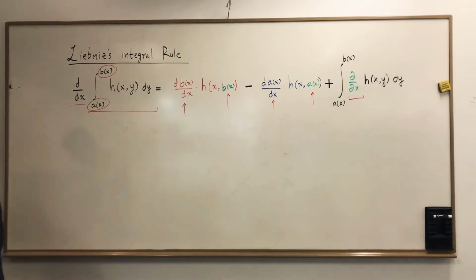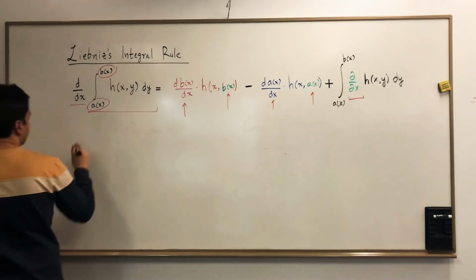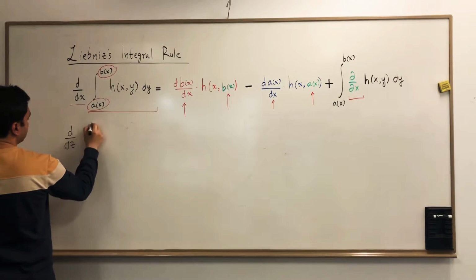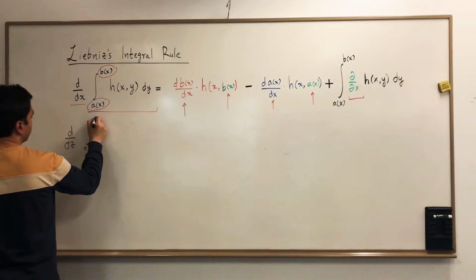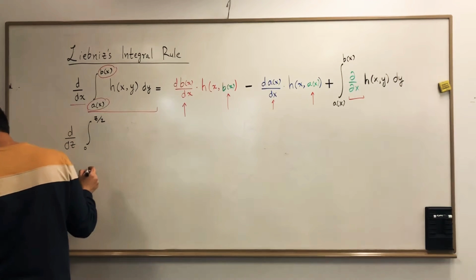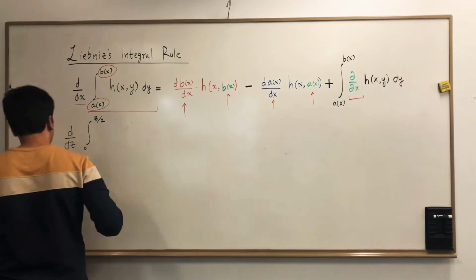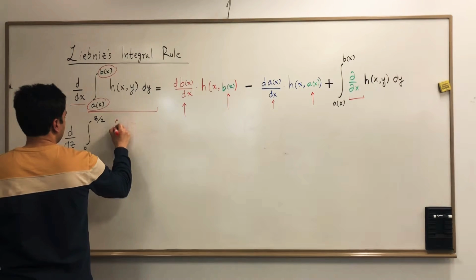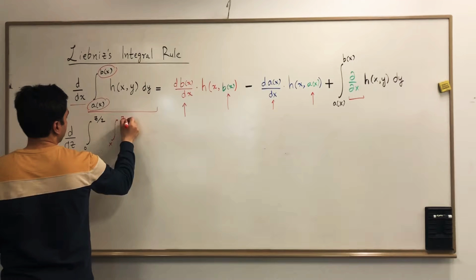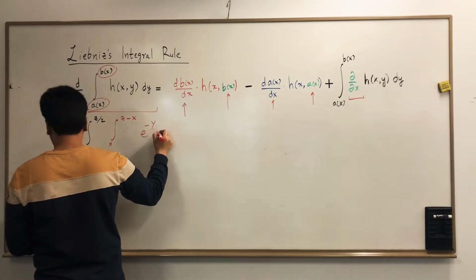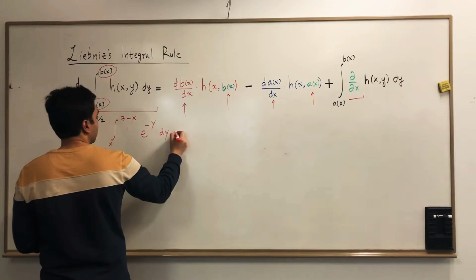So for example, you are required to do d by dz of the integral from 0 to z over 2, and then the inner integral is x to z minus x e to the negative y dy dx.